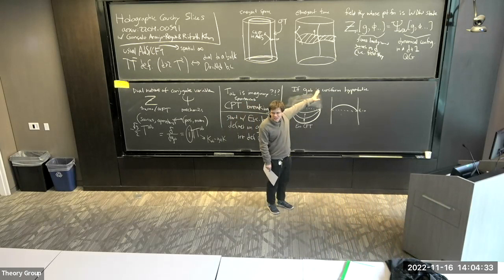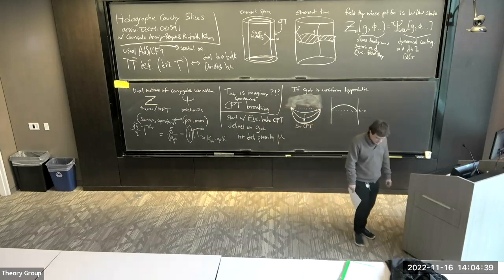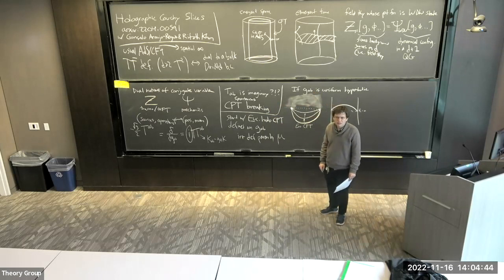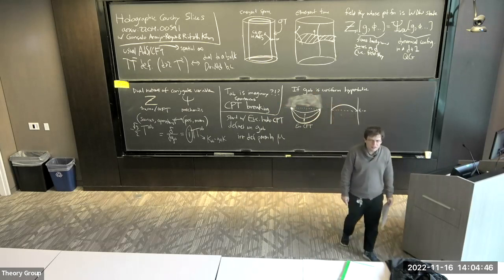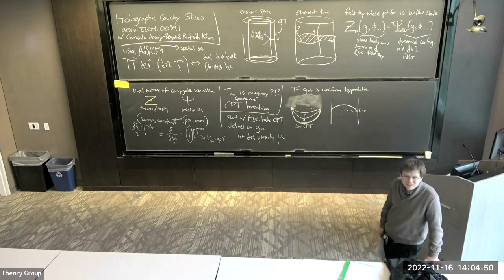So I'm just changing the radius of the hyperbolic space. And that radius would tell you where you're embedded in this diagram. And the CFT limit would be some degenerate limit of that. Are you okay with that picture?